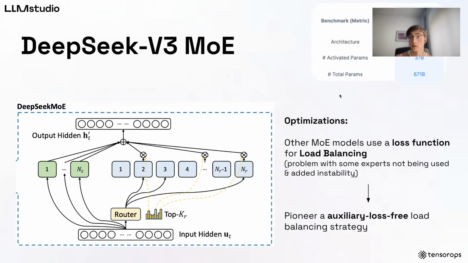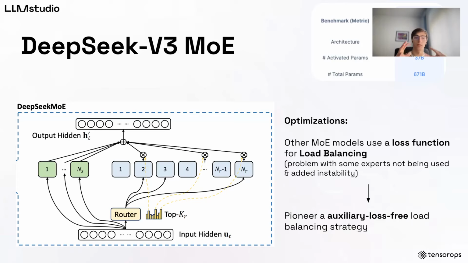So another thing they do, which is really cool and a real game changer, is that while other models use a loss function for load balancing, meaning for the router, okay, so usually this router could be like a mini neural network with a loss function that learns from the experts, but then it has problems because it can get too biased, always sending to the same experts, and then those experts are the only ones training, the other ones don't train.